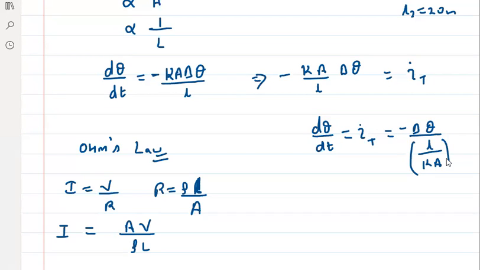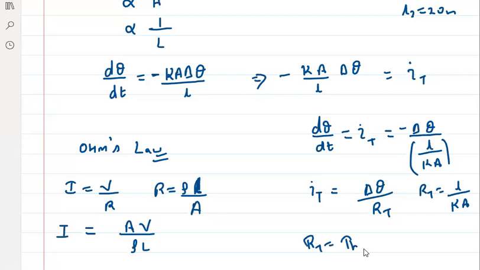So I'll just ignore the negative sign, because I'm just talking about the value. So it is delta theta divided by R_T, where R_T is equal to L by KA, where R_T is the thermal resistance.